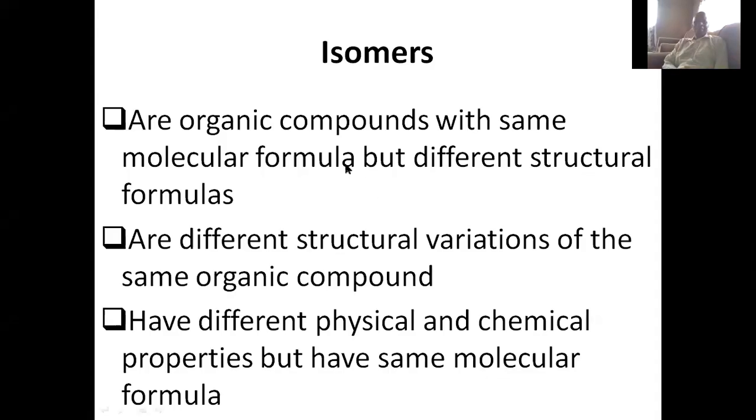Well, as I indicated, today we are looking at isomers. Isomers are organic compounds with the same molecular formula, but different structural formulas. What it means here is that this organic compound will have the same molecular formula, but the arrangement of atoms in this compound will be different.